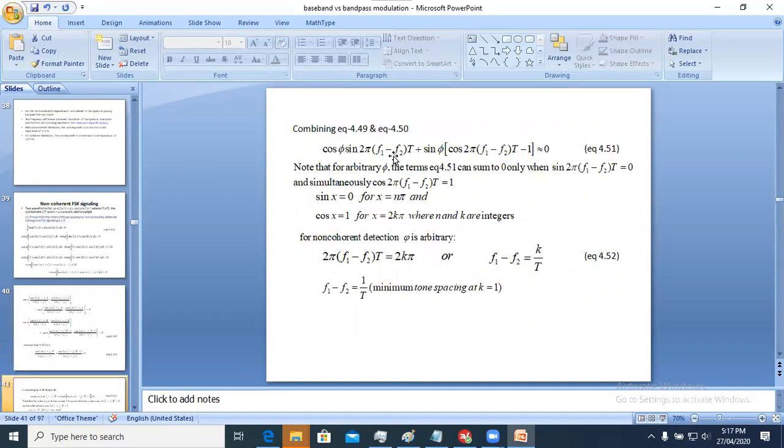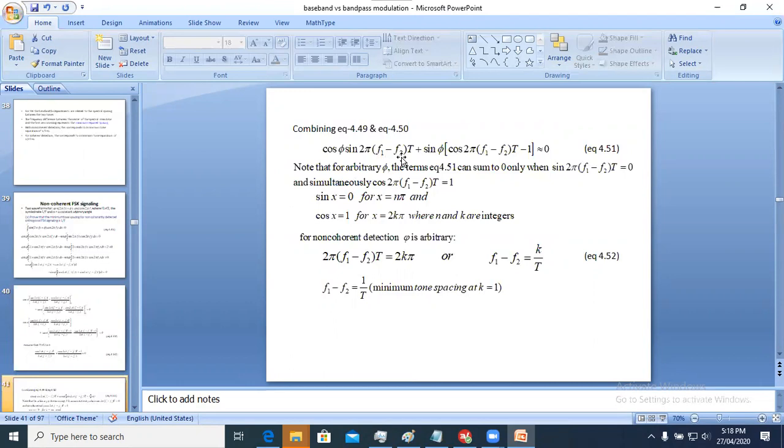So for non-coherent detection, the value of phi is arbitrary, and we want 2 pi (f1 minus f2)t to be equal to 2k pi, because at a multiple of 2k pi the sine is 0. For this condition, this would be 1 and this would be 0.